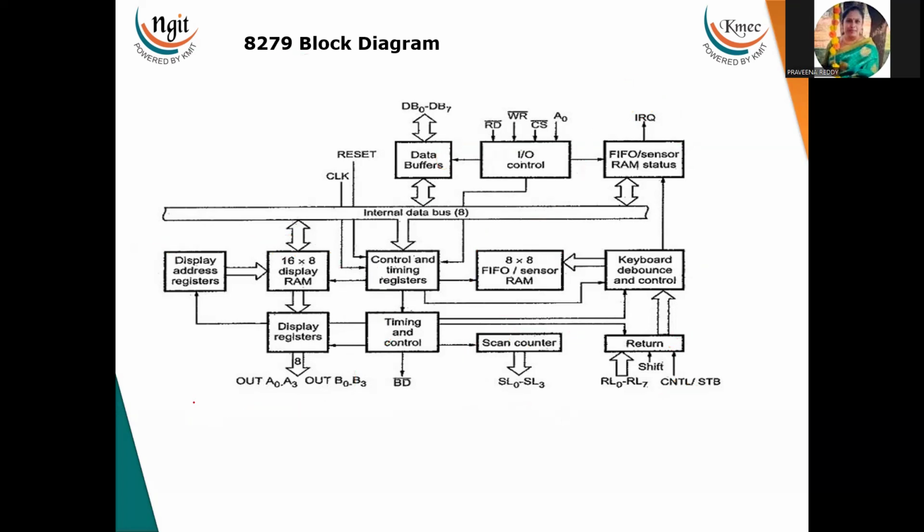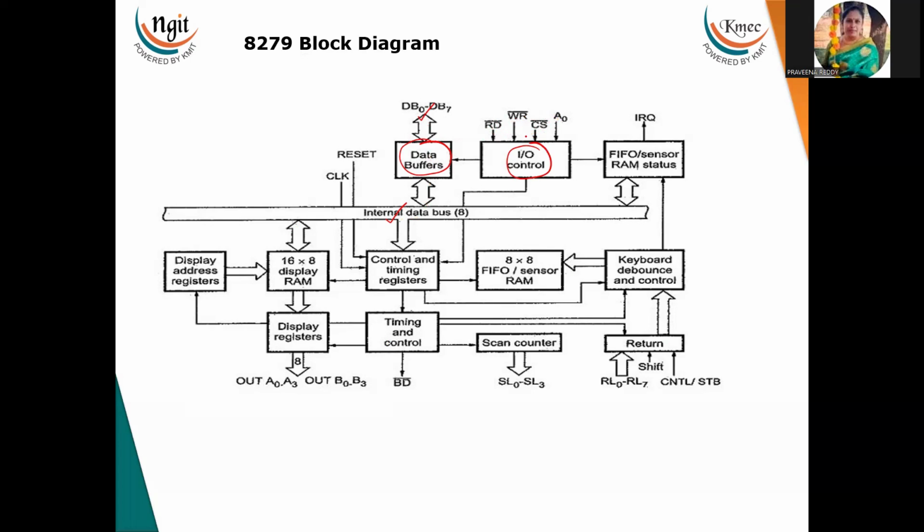Now coming to the first section, the CPU interface. The first one is the data buffer. These data buffers are 8-bit bidirectional buffers which are used to connect the internal data bus to the external data bus. The next one is I/O control. It has the pins A0, read, write and chip select.